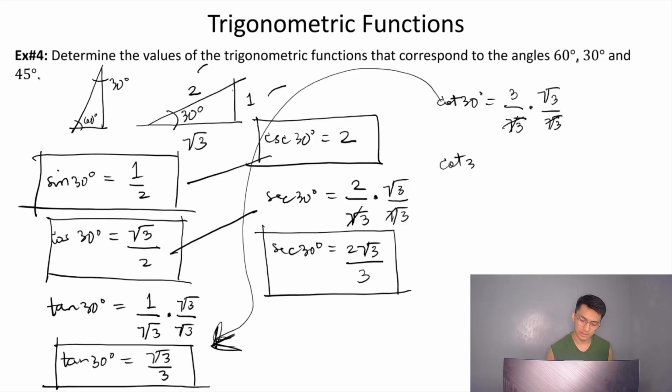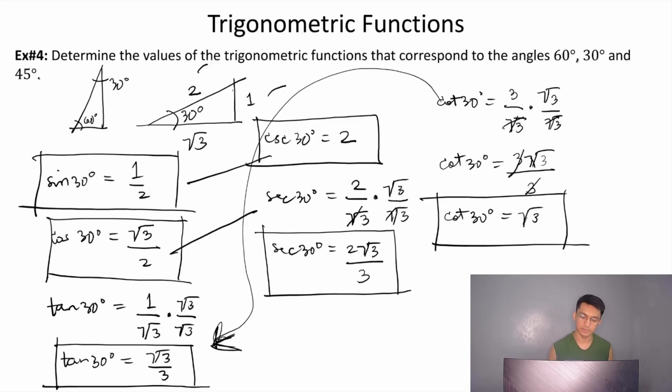Cotangent 30 degrees is now equal to 3 square root of 3 over 3 na lang. And then, pwede pa natin i-cancel itong part na ito kasi pareho lang naman siya. 3 over 3 is equal to 1. So now, the final answer for cotangent 30 degrees is simply square root of 3 na lang. This is the 6 values of the trigonometric functions of angle 30 degrees.